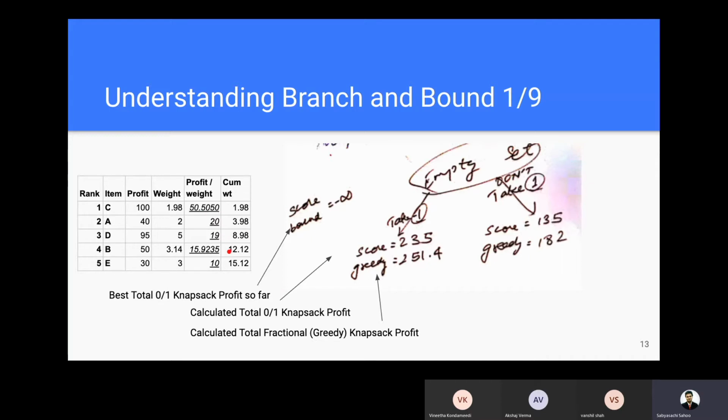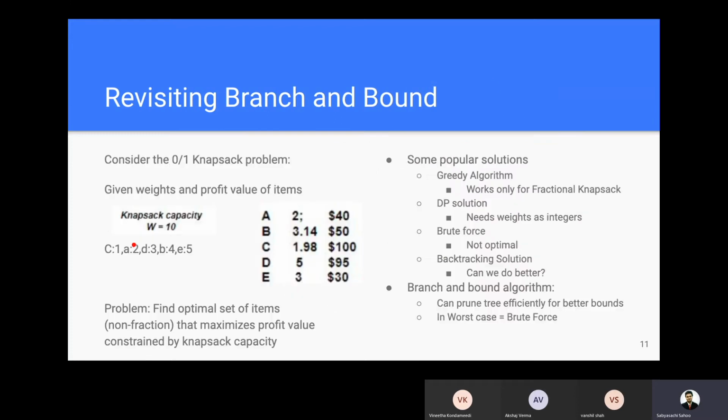But when we finally try to solve it in a brute force manner, we would find that some other combination of items is a better pick. So the 0-1 knapsack problem becomes a little harder.